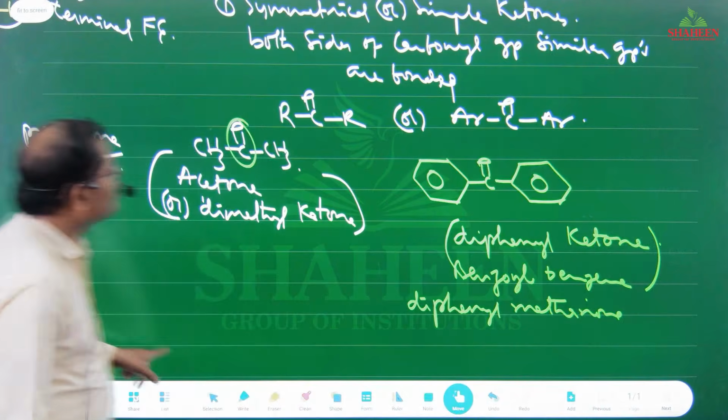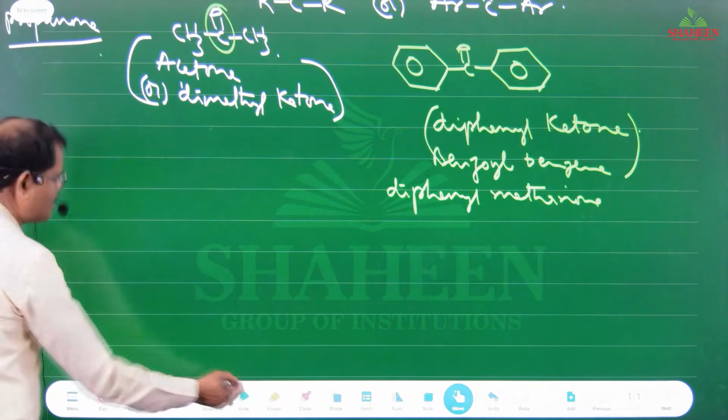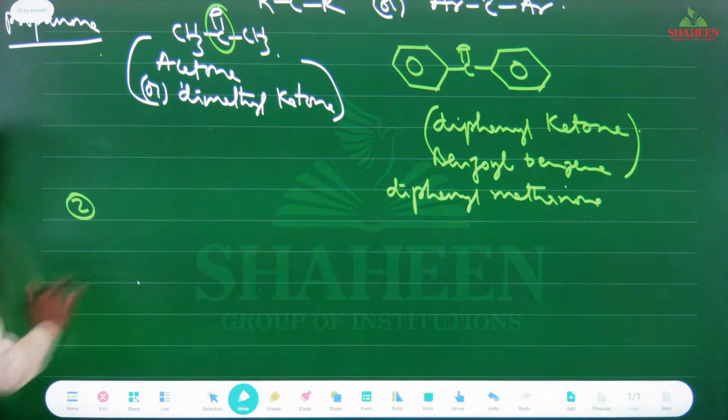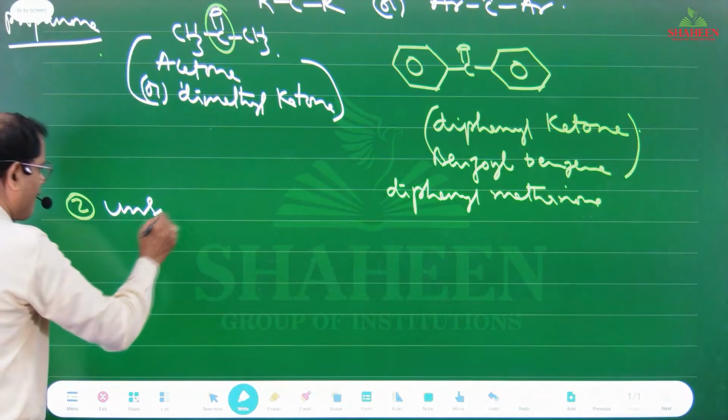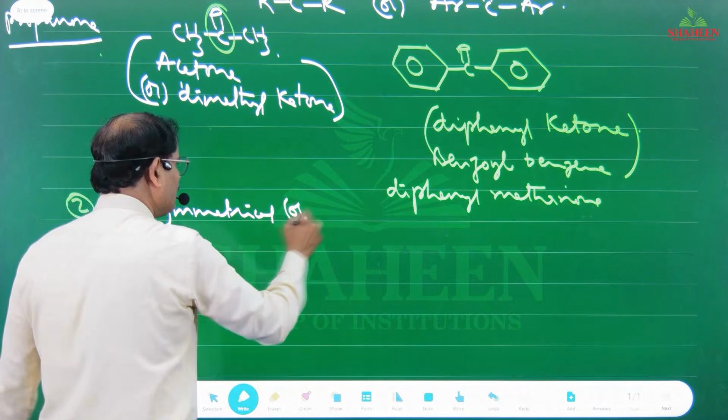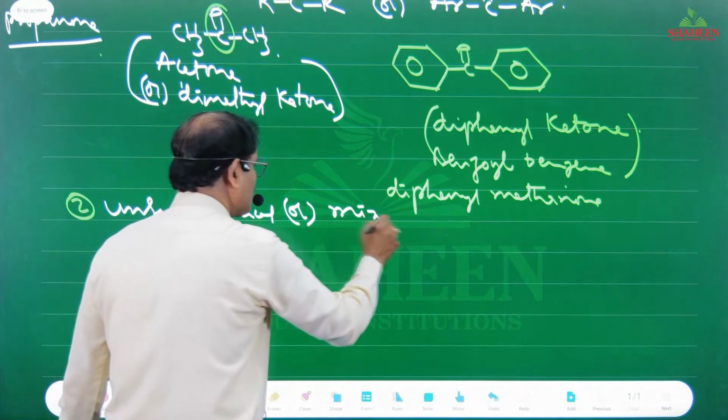One is symmetrical or simple ketones, and the second one is unsymmetrical or mixed ketones.